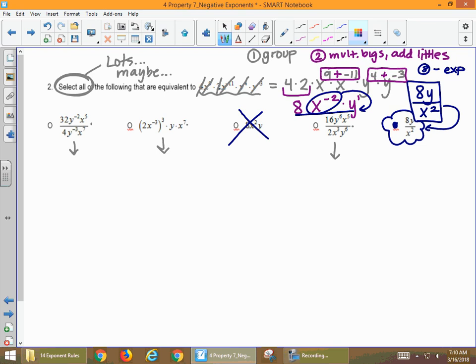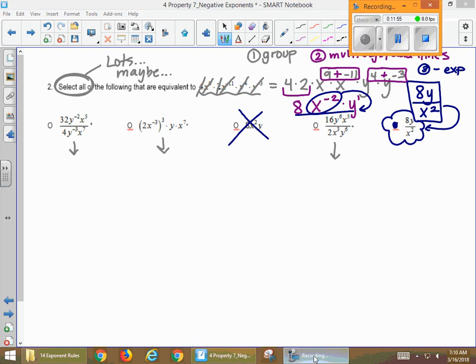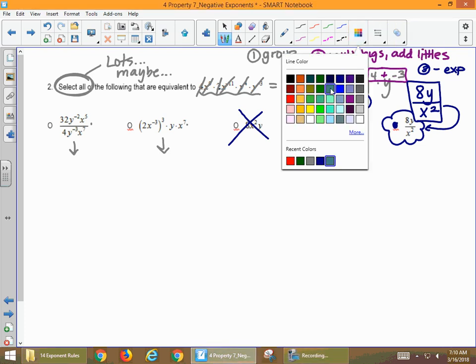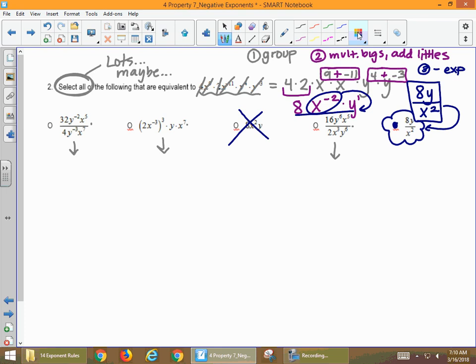All right, now we're going to do the little baby problems here underneath and simplify these. Go ahead and pause and see if you can do them. All right, here we go. 32 divided by 4.